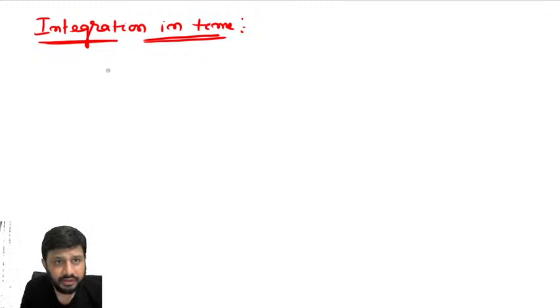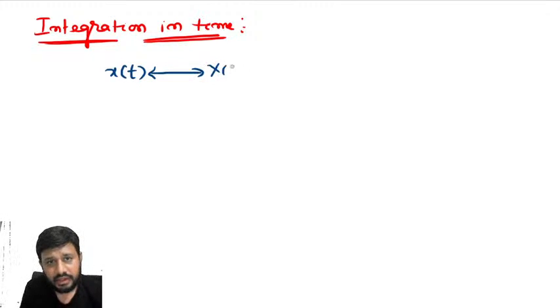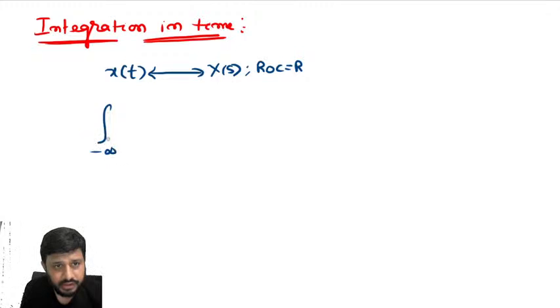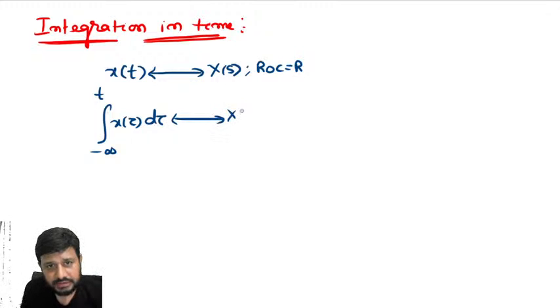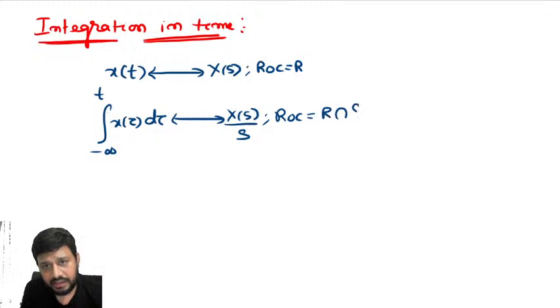This property says that if x of t forms a Laplace transform pair with x of s with ROC R, then integral minus infinity to t x of tau d tau forms a Laplace transform pair with x of s by s, with ROC equal to R intersection sigma greater than 0.